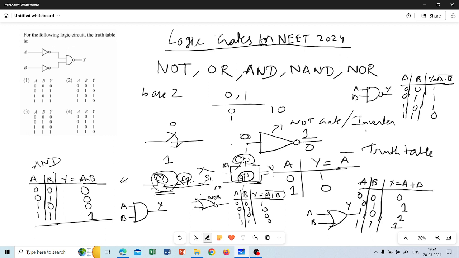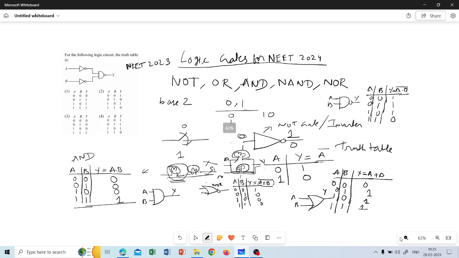But there is a thing: how to solve these questions. Now I'll take the NEET 2023 question from logic gates. Let me solve it. So you can see that clearly.